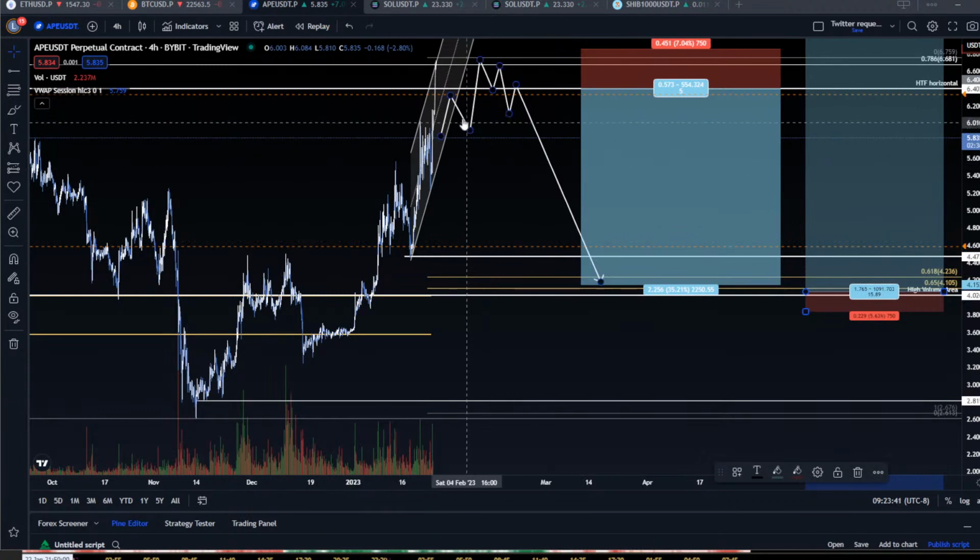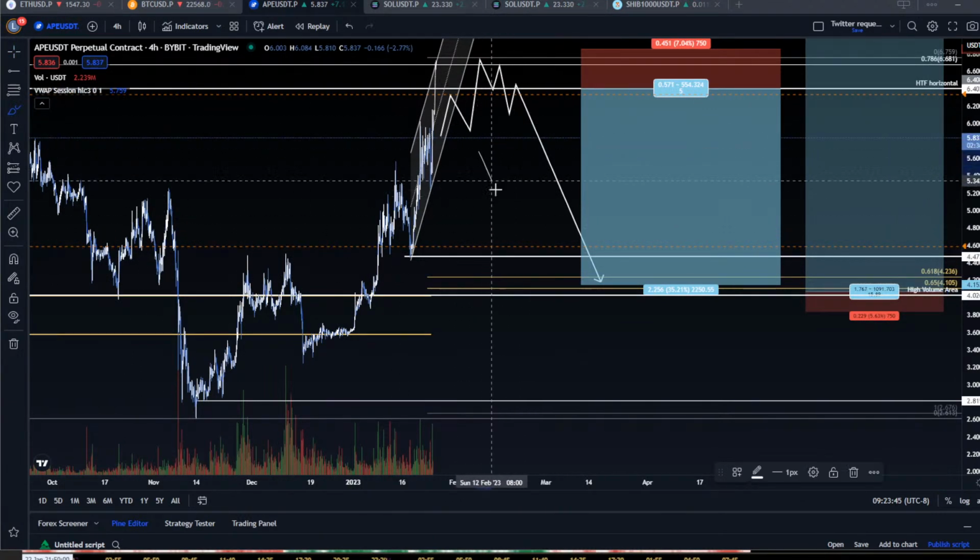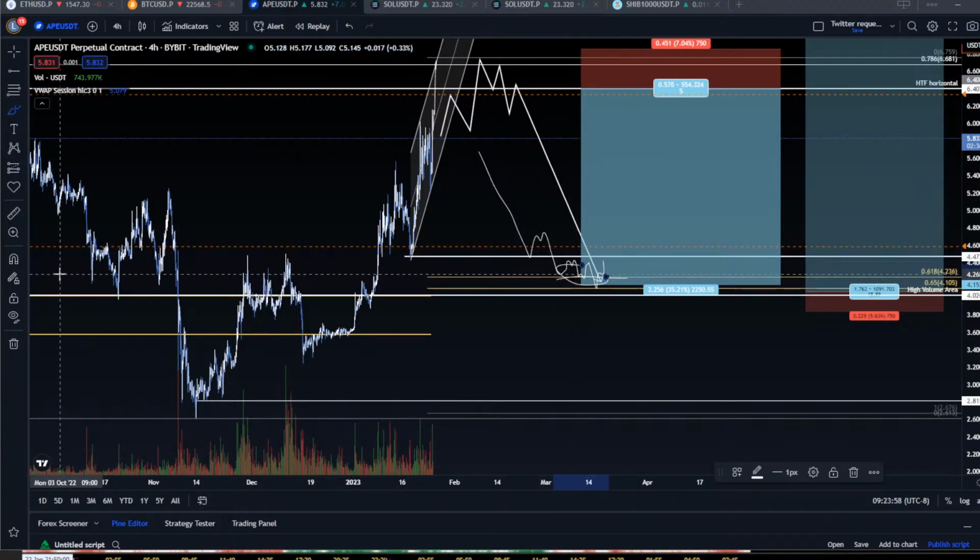You'd have to be watching how price is developing. For example, if we came down here and created a local range and then swing failure to low, you could have tighter invalidation on a local price structure move.